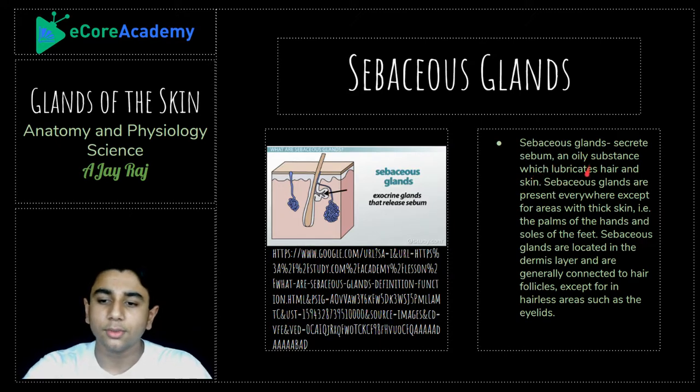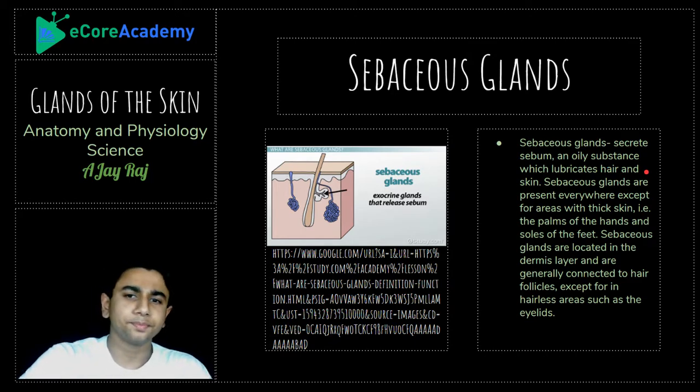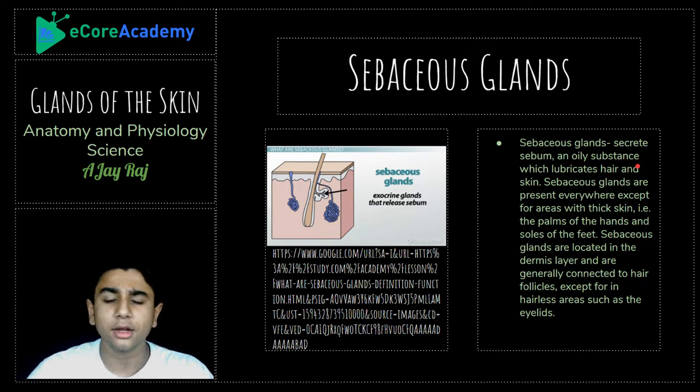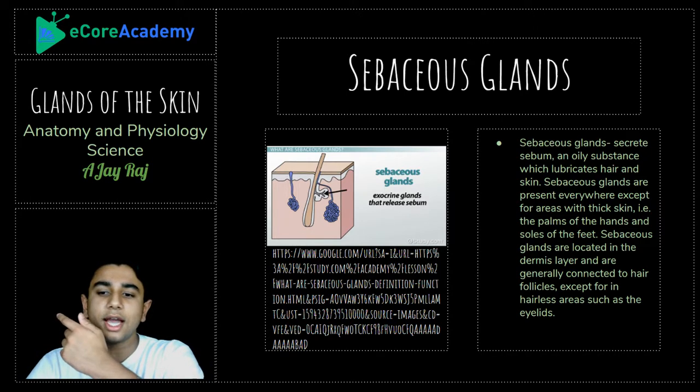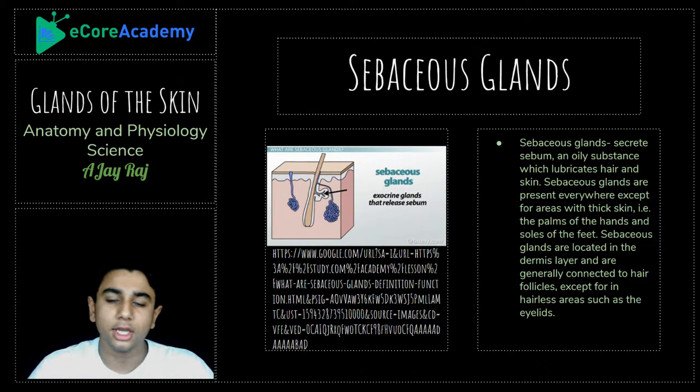Basically what that means is that it lubricates hair and skin, which means it helps protect and net up the pores into which the hair endings open, because the hair follicles are actually in the dermis, but when they reach the skin, you have pores in your skin. Sebaceous glands also act as an immunizing component.